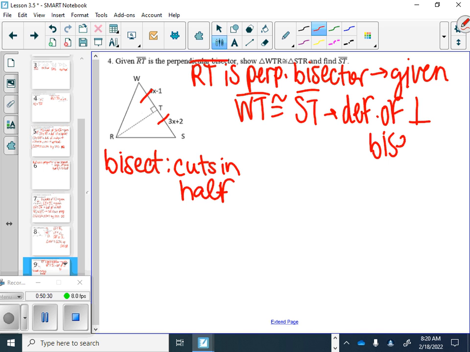Remember that the symbol for perpendicular is that upside-down T. So if you ever see that, that means perpendicular, just to abbreviate. Now I have to figure out the rest. Tell me why.